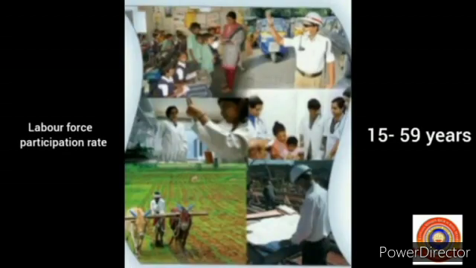Labor force participation rate is the ratio of the population in the age group between 15 and 59, who are either employed or actively looking for jobs. This age group has the capacity to contribute to the progress of the nation.